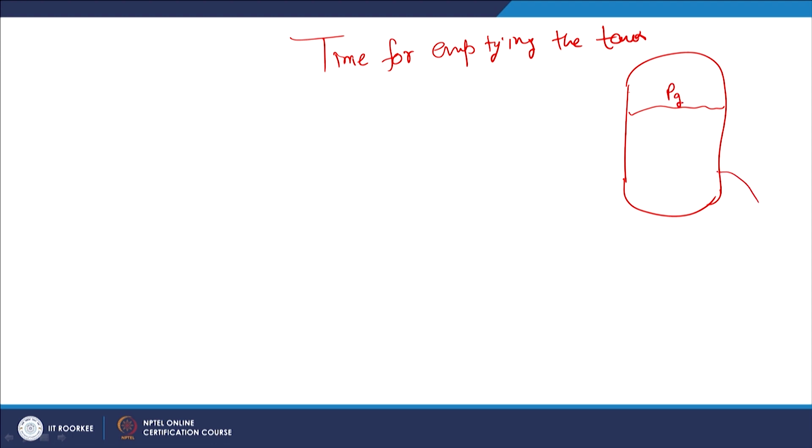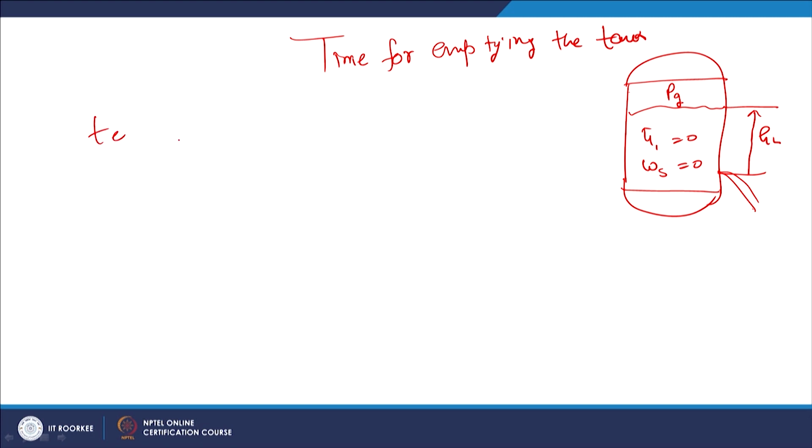Now here you have the leak like this. This is the HL, U1 naught is equal to 0, Ws is equal to shaft work is equal to 0. Now this is the tank. Now the time for the vessel to empty to the level of the leak you can determine by TE.